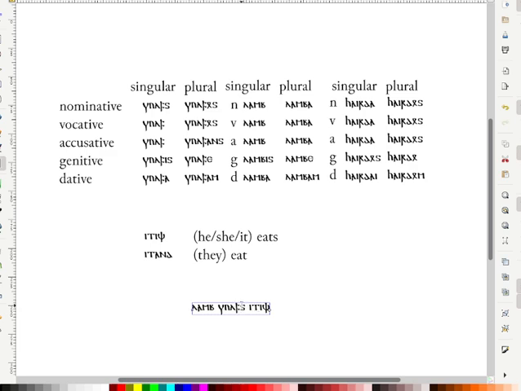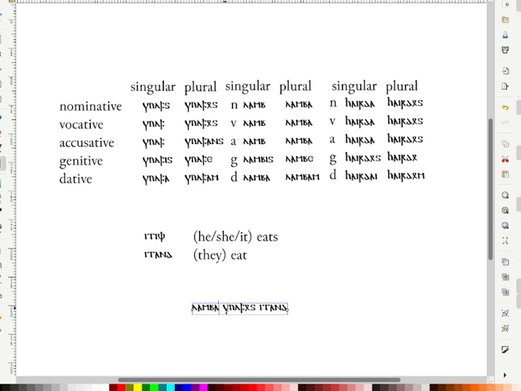And you can say wolfos lamba itand. Wolfos lamba itand would be the wolves are eating the sheep, and it's more than one sheep. Maybe I could have chosen a better word there. But if you say lamba wolfos itand, that would mean something like it's the sheep that the wolves are eating.